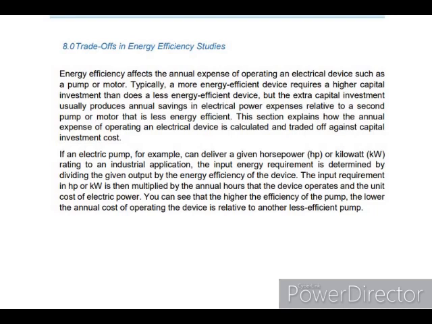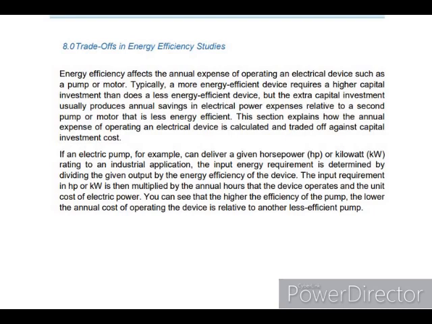So here we will learn how to decide if we are going to choose a less expensive yet less energy efficient device or a much more expensive but higher energy efficient device.